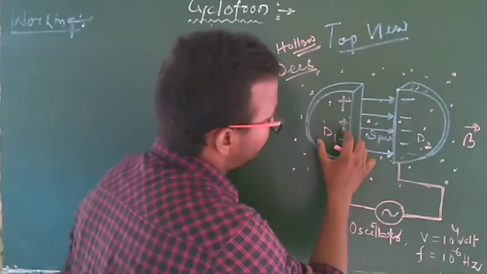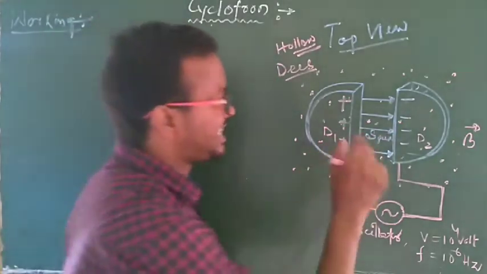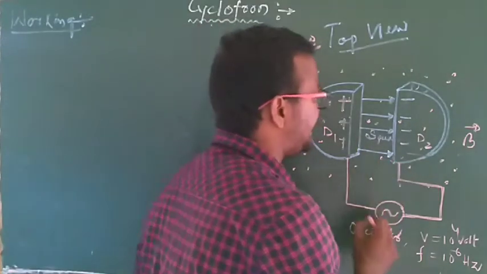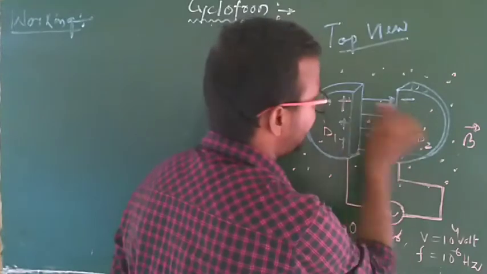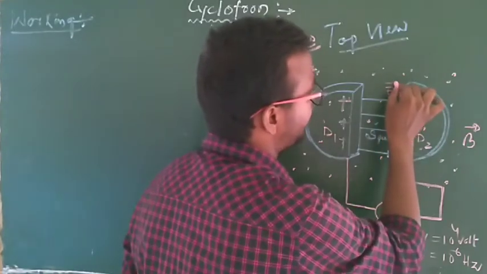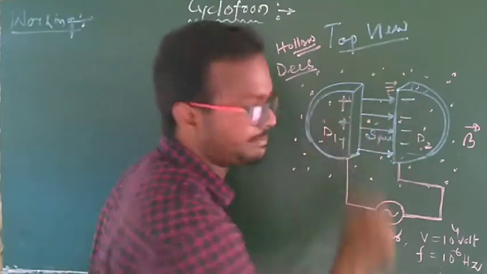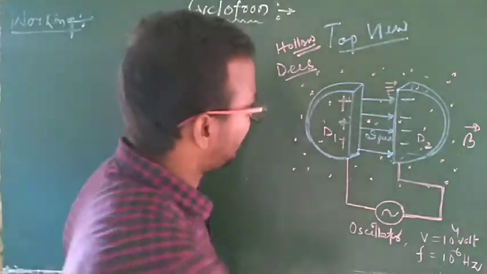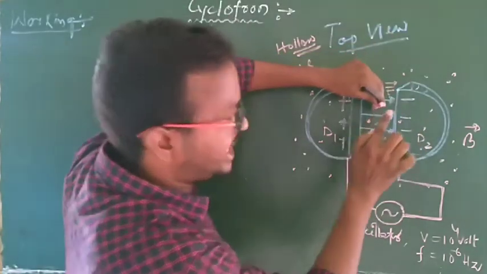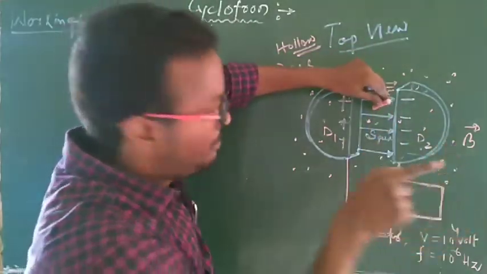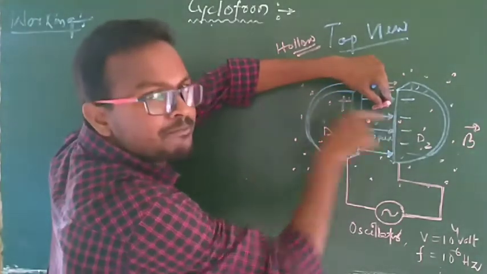Since inside the two discs the electric field is 0, the electric field exists only between the gap of the discs, and this is the direction of the electric field between the two gaps. Clear? There also the direction of the magnetic field is coming outward. But the electric field from D1 to D2 is initially in this direction.